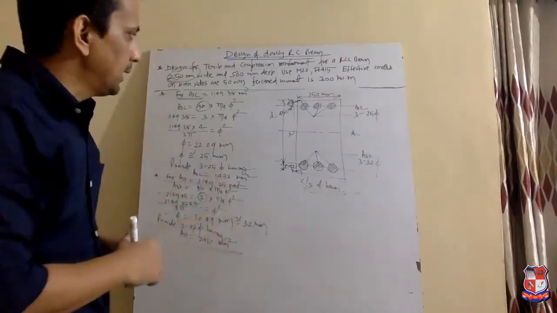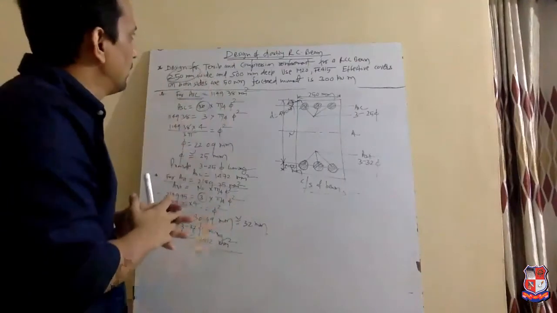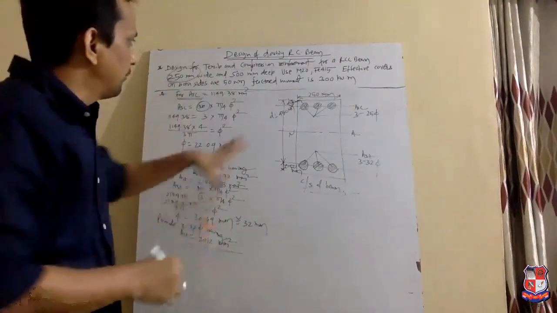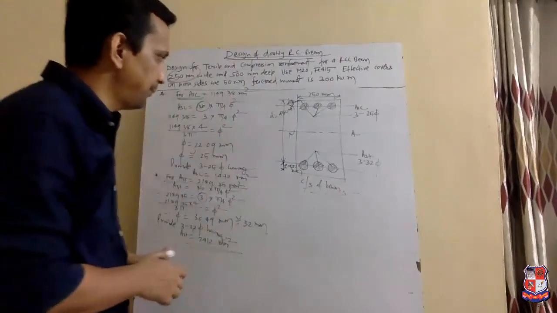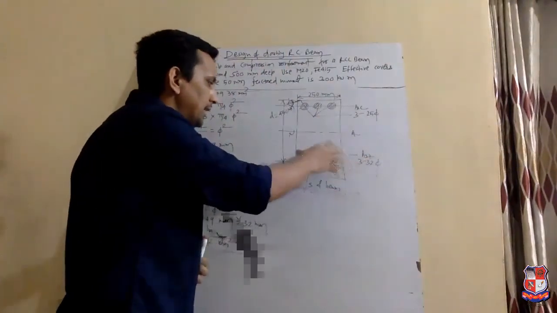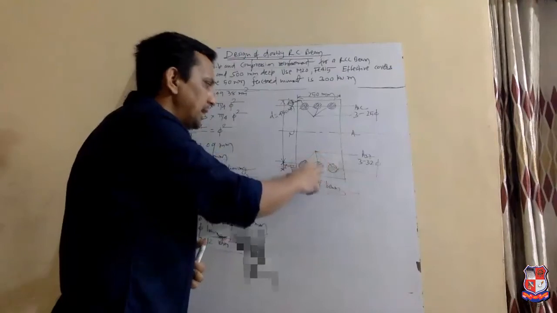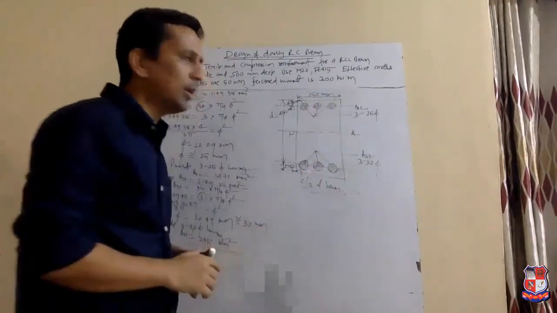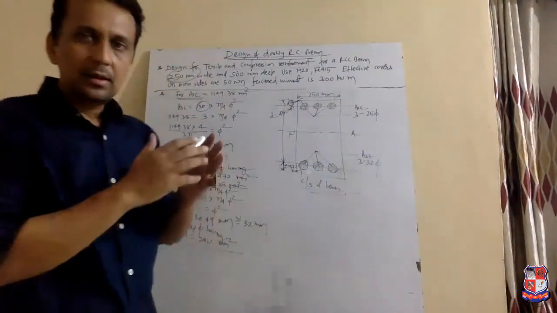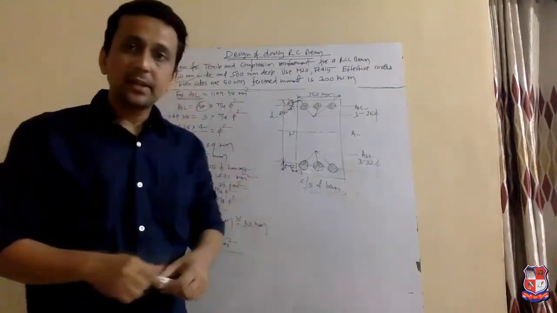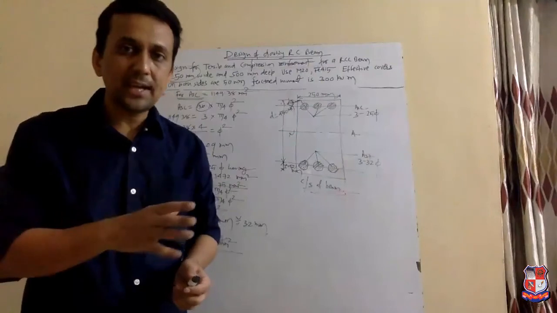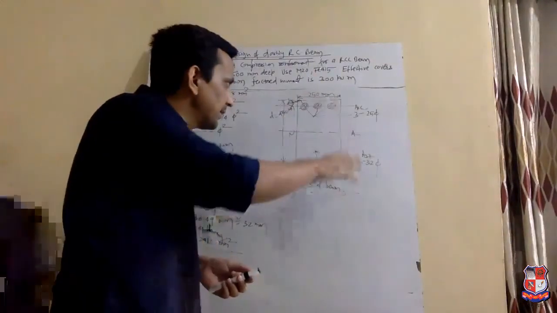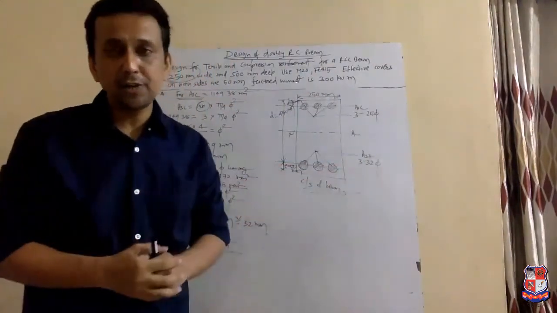So today, what we have done is we have designed the doubly reinforced concrete beam. In the doubly reinforced beam, we have provided the area of reinforcement in the tension zone as well as in the compression zone, right? After providing the reinforcement, the next step is to check all these criteria as per IS 456.